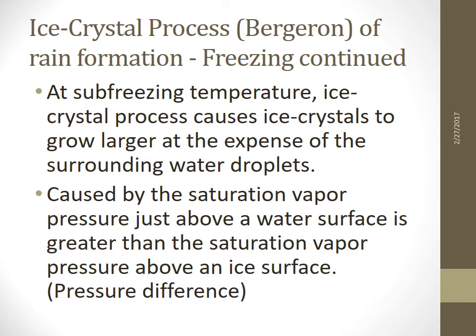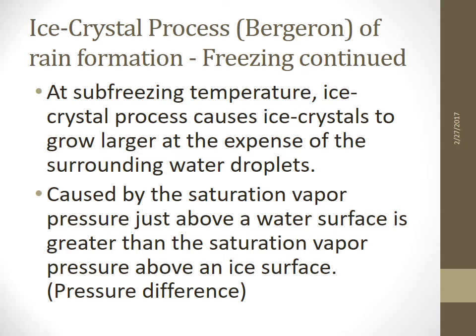Let's talk about some other processes that happen here. So at sub-freezing temperatures, the ice crystal process causes ice crystals to grow larger at the expense of surrounding water droplets. So what is this? Well, the saturation vapor pressure above a water surface is always greater than the saturation vapor pressure above an ice surface. Think about this.